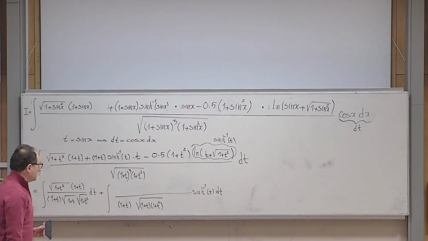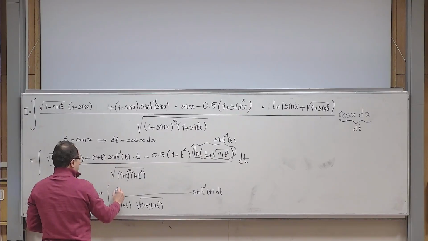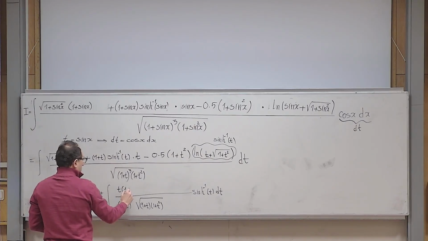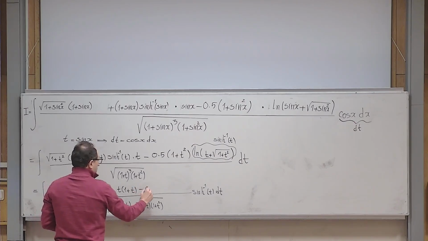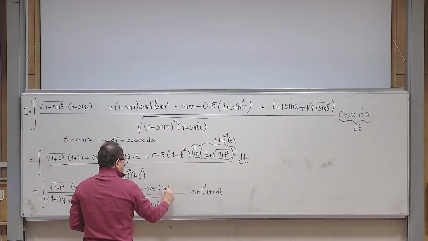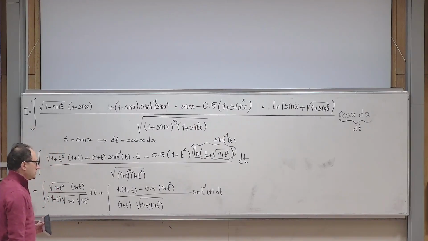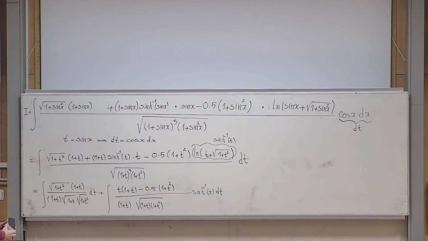Okay, and then this is pulled out, t times that is left, minus 0.5 times this is left, and then of course I pull sine hyperbolic inverse of t out. Yes? So that was not hard to see.